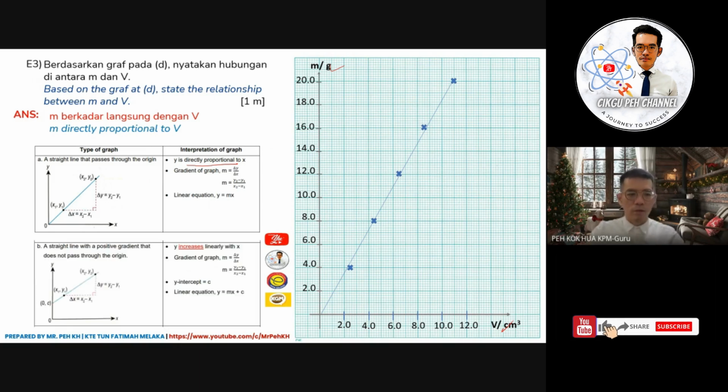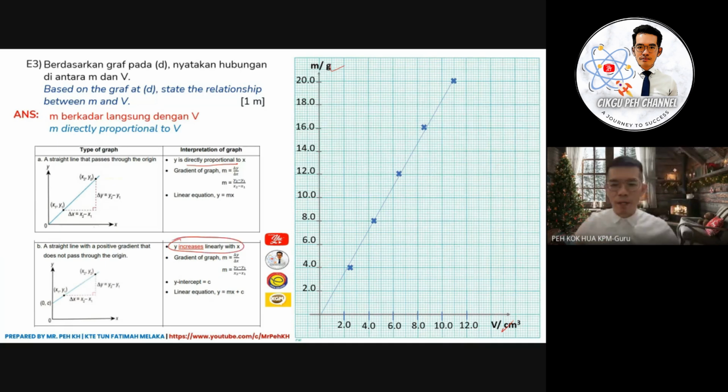If, let's say, your graph gets a straight line not passing through origin, but passing through the Y-intercept, the relationship here should be Y increases linearly with X. However, you must think logically whether when your V is 0, your M will have a certain value.